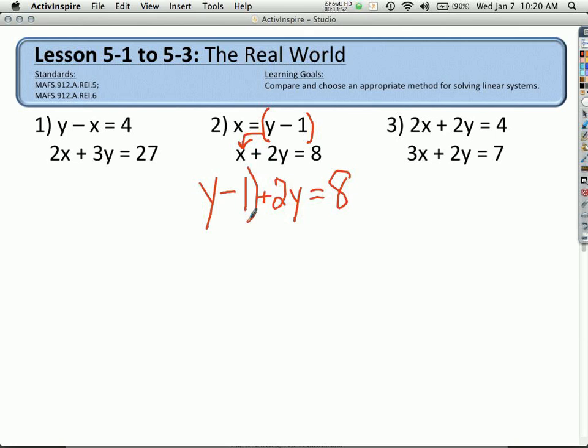This expression went right there. Now solve that equation. Look how easy this is. Y and 2y is 3y minus 1 equals 8. It's now a two-step equation to solve. So substitution, while I understand it's challenging, has its place. This was set up perfectly for substitution. Any comments, questions about that?